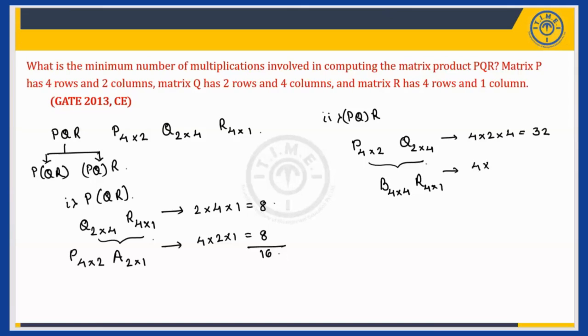So 4 times 4 times 1 is 16, and that is 48 in total. So 16 is the minimum number of multiplications and 48 is the maximum. So 16 is the right answer.